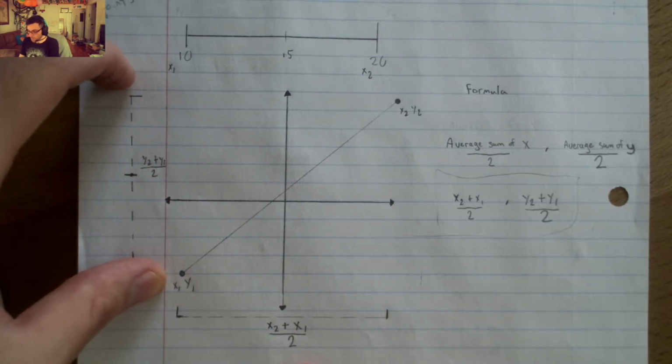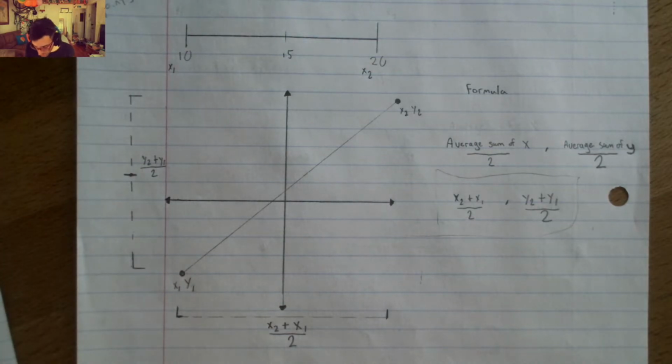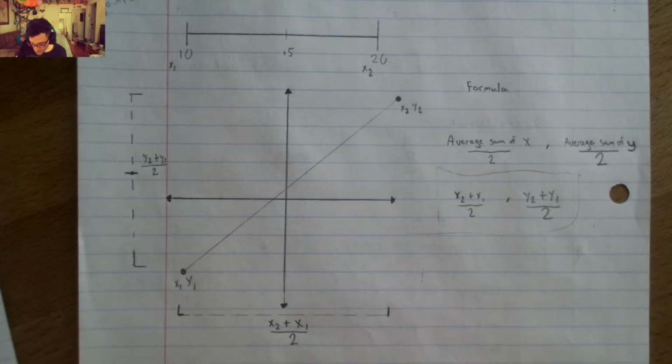All right, so let's breeze through here, finish up our video for today with our midpoint, and use some examples. Our first example for midpoint: our x1, y1 and x2, y2 are 3, 4 and 7, 9.